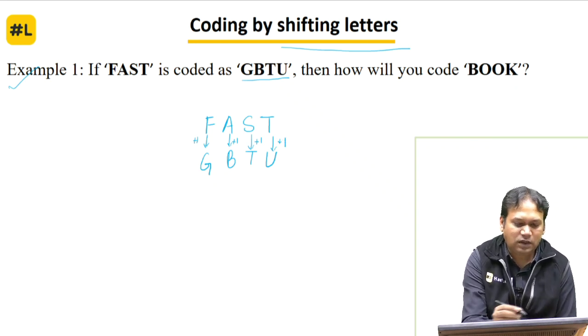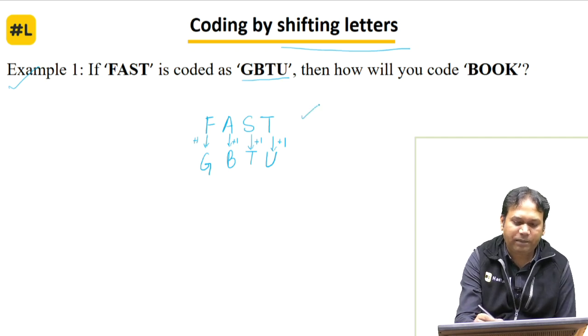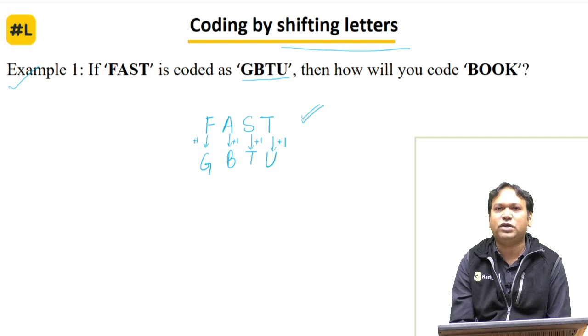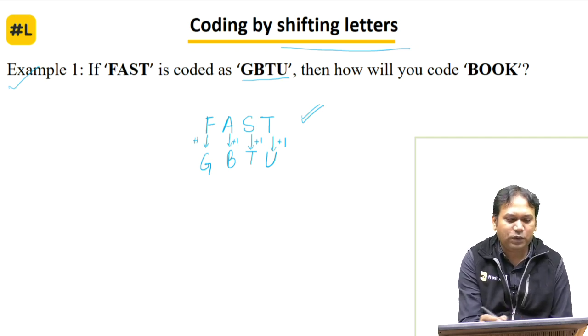So, fast is coded as GBTU. This is a very common coding type, shifting forward by 1 or shifting forward by 2 positions or 3 positions. So, once we know the method used to convert fast into GBTU, then what will be the code for book?